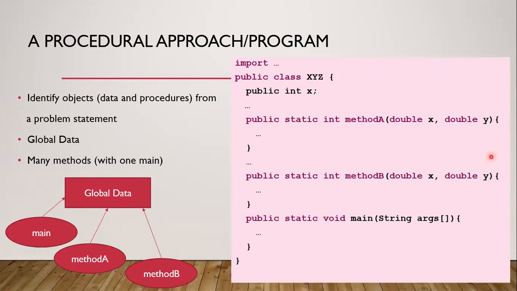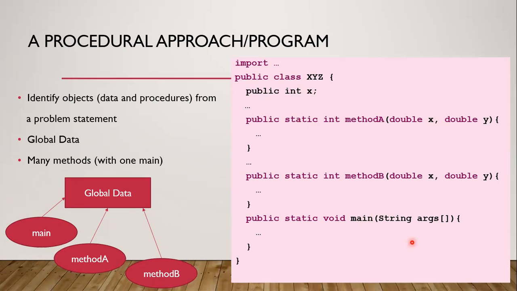So in this little program, this is the design of the procedural program, and this is the actual implementation of the procedural program in Java. Java is actually an object-oriented language, but we can use it to make a procedural program. If we use Java as a procedural programming language, then we keep all the data here as global data, and there could be many more data variables, primitive and non-primitive both, and then we may have many methods, and then a main.